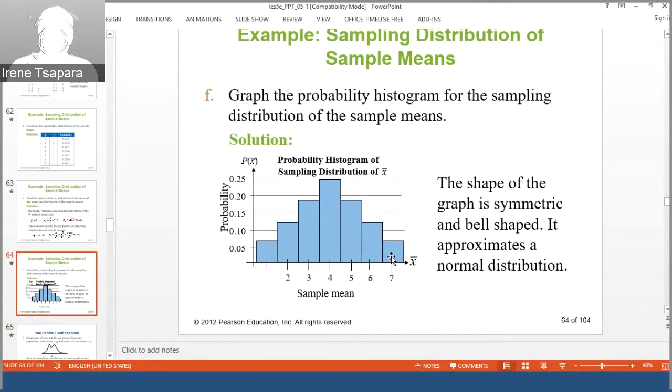What does this mean? This is basically what the central limit theorem tells us. The central theorem tells us one thing, that whenever we have a distribution, it doesn't matter what distribution, although there are some exceptions.